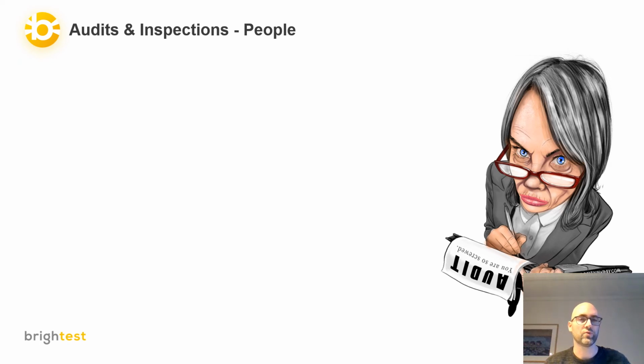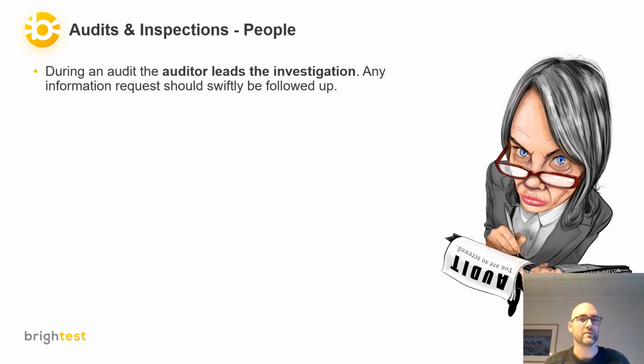So who is involved? Who are the people? The investigation is led by an auditor, an independent person. So any information request he or she has should be followed up quickly by the company.